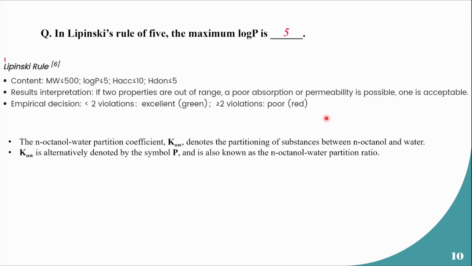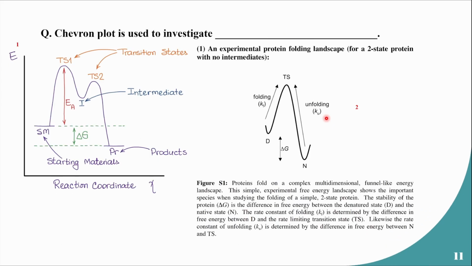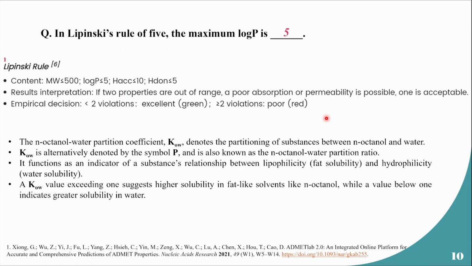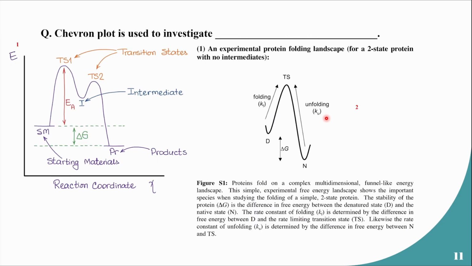For example, we went over Lipinski's rule of five. We also saw some of the web servers that can be used to predict the physicochemical properties of certain small molecules, which can give us an idea about their behavior in physiological systems.